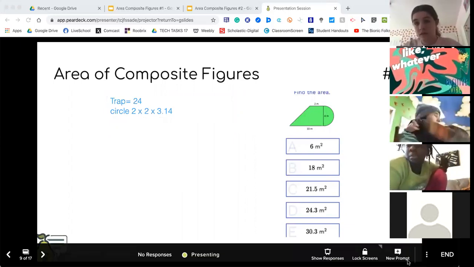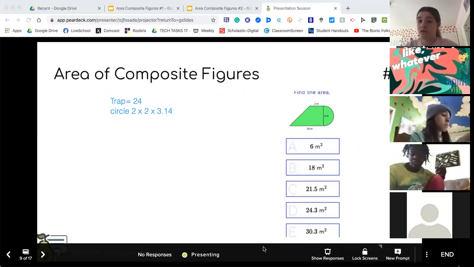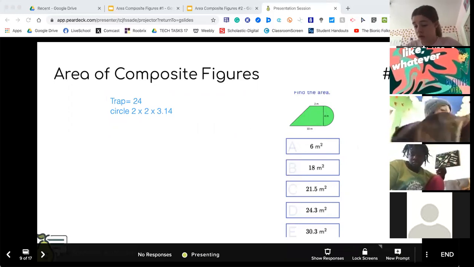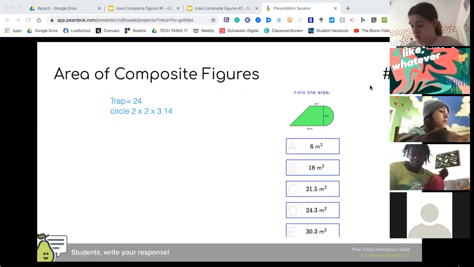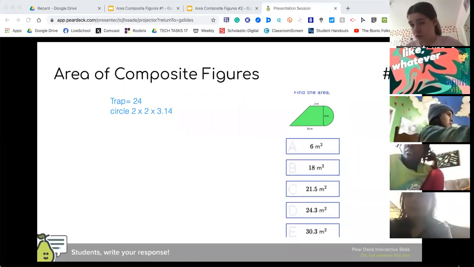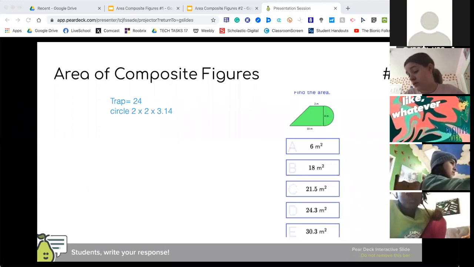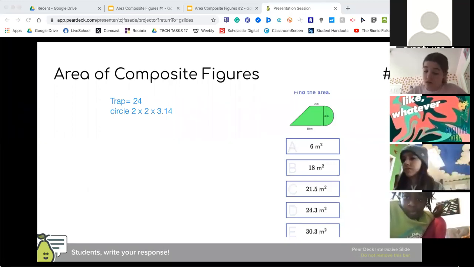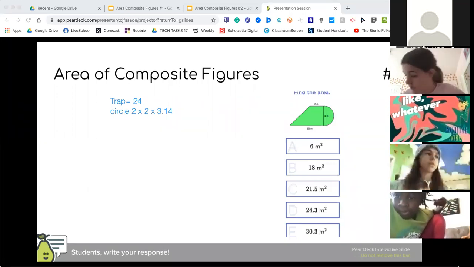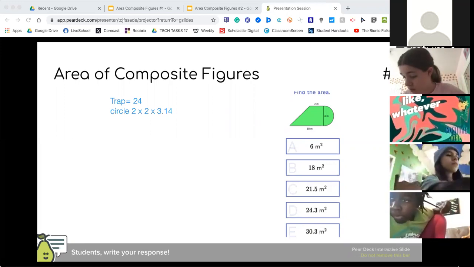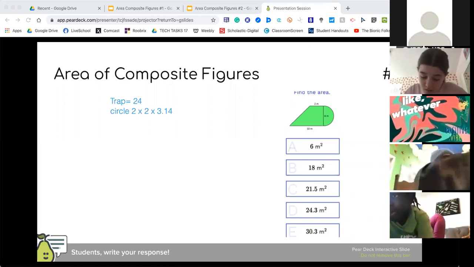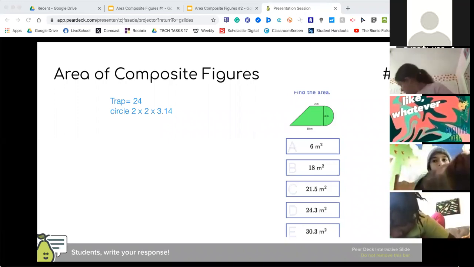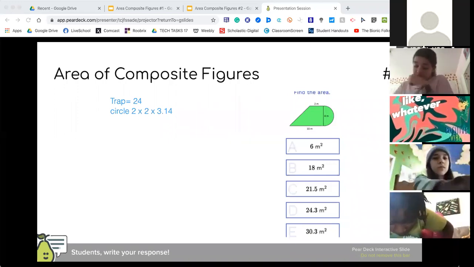And then I've got to half it because it's a half circle. Mr. P, at the beginning, how did you get 24? For the trapezoid, I did 2 plus 10 is 12. Half of that is 6. 6 times 4 is the height.